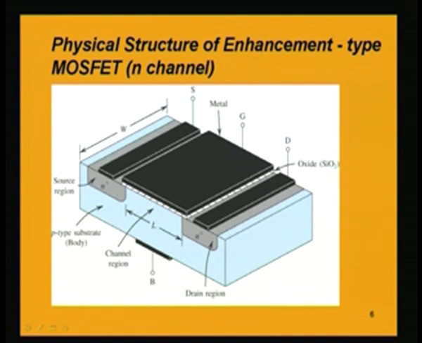That is, we have an insulating material which is the silicon dioxide. This insulating material is there between the two N type semiconductors, and on this insulator there is the metallic contact, which is the gate terminal.